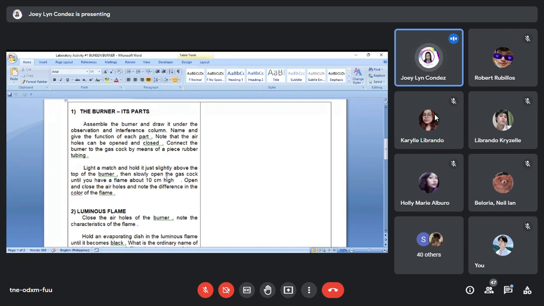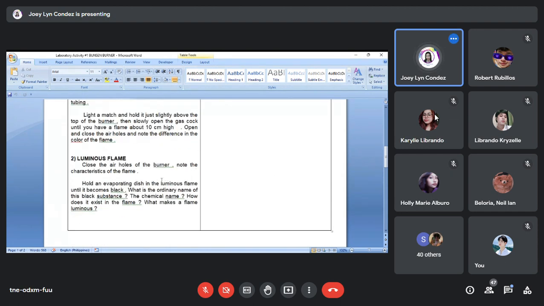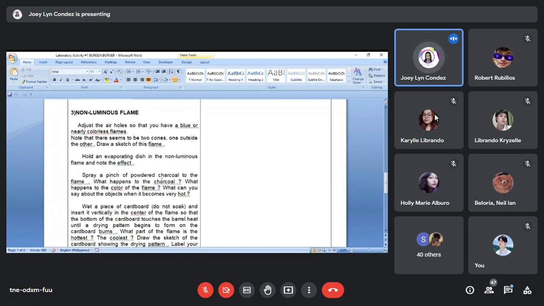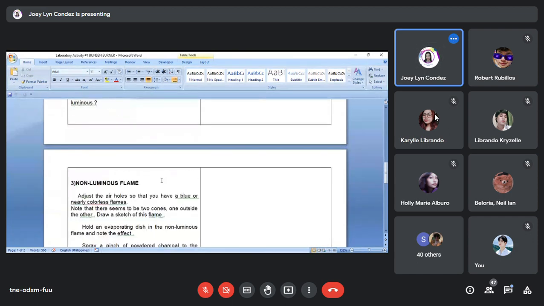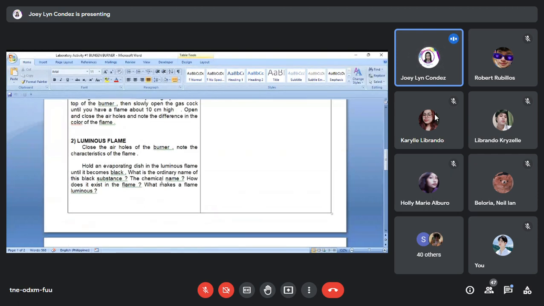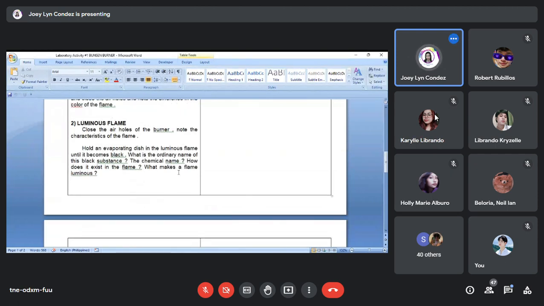Now your activity also includes luminous flame, comparing luminous flame from non-luminous flame. Now, for luminous flame, dapat close ang air hole sa burner. Okay? For this setup, you're going to use an evaporating dish.